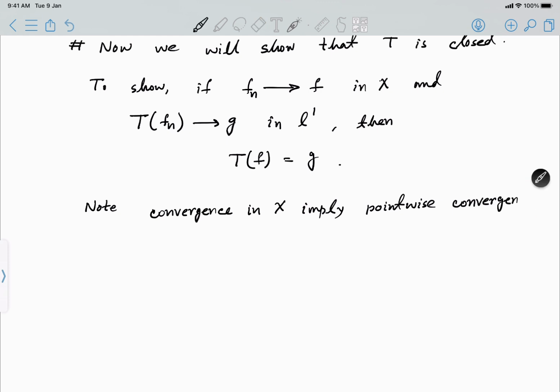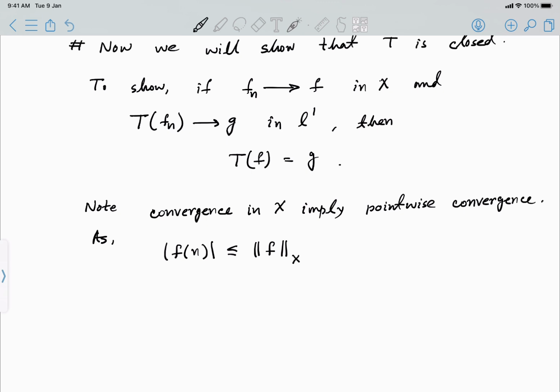Why? As you can see, f of n is always less than the norm of f in X, which is the L1 norm.